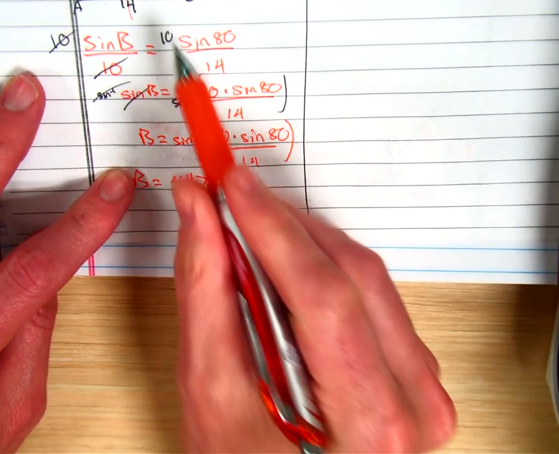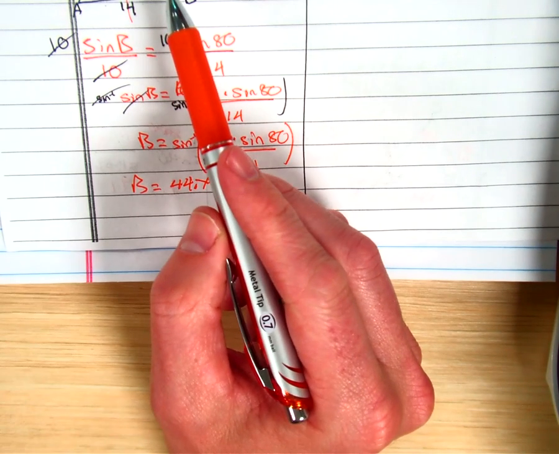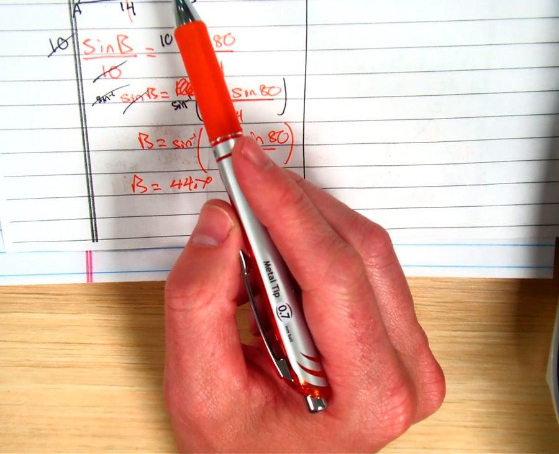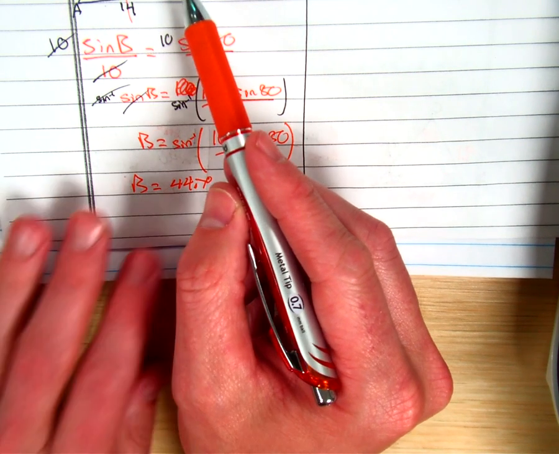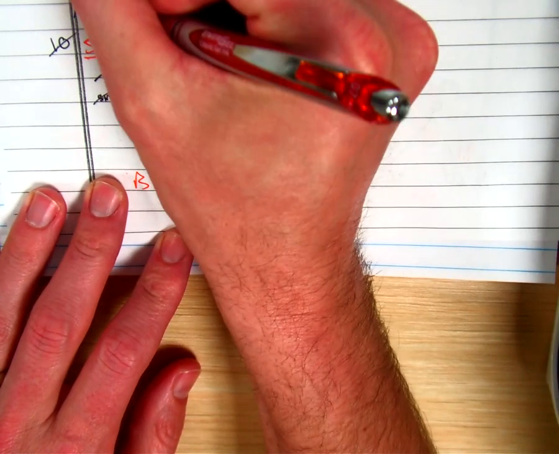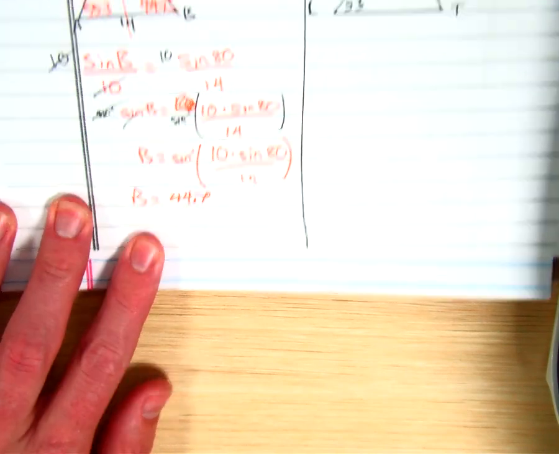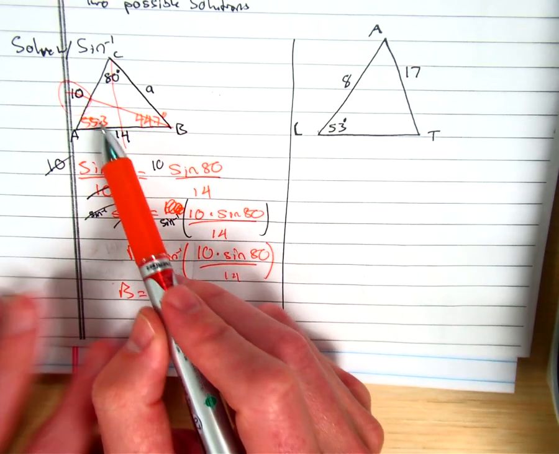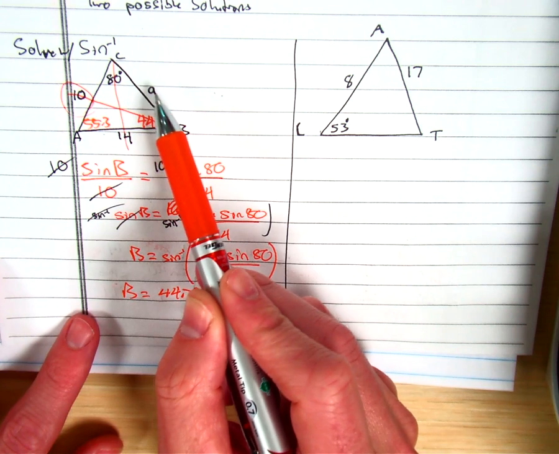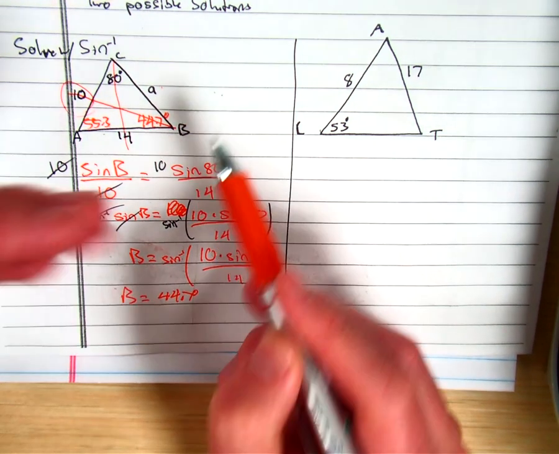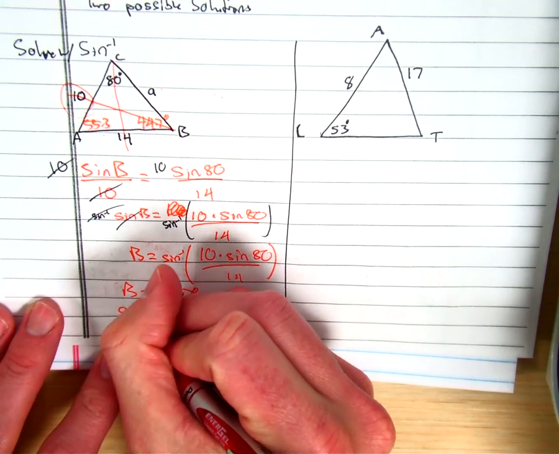And now I can do the triangle sum theorem, 180 minus both of those. And then we should get 55.3 over here. And now we need a side. So now we're back to having the sides on top.